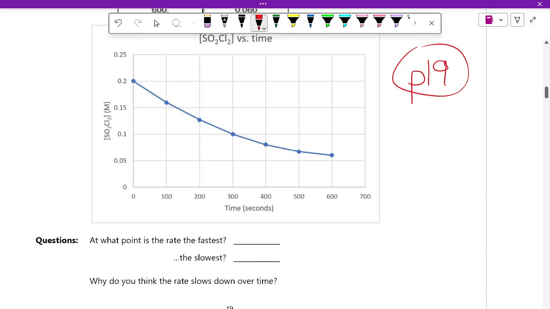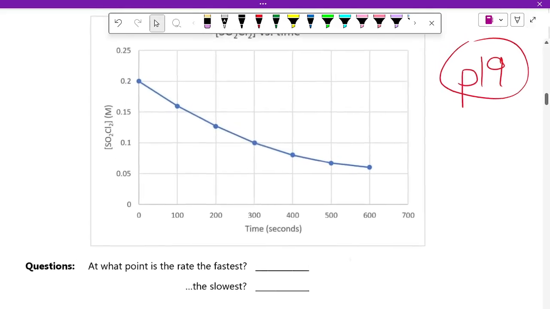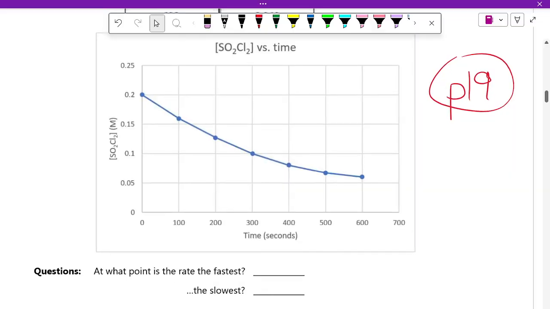Tell your neighbor. At least find the equation of the graph.